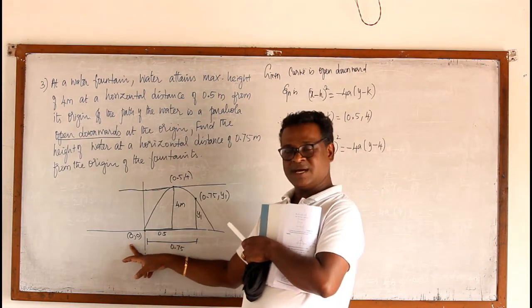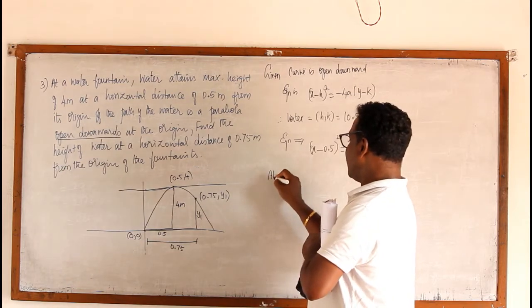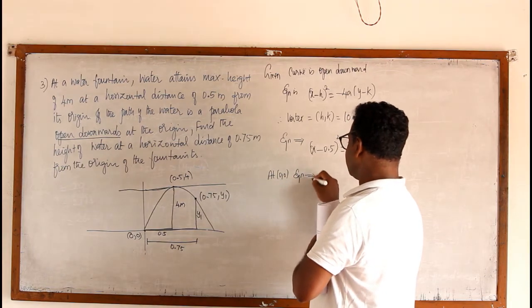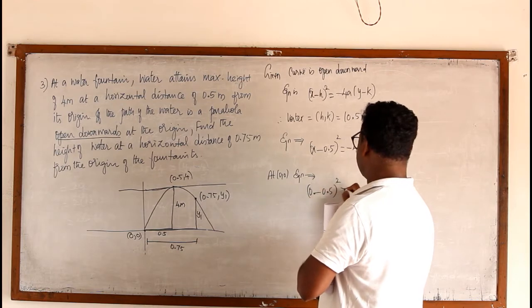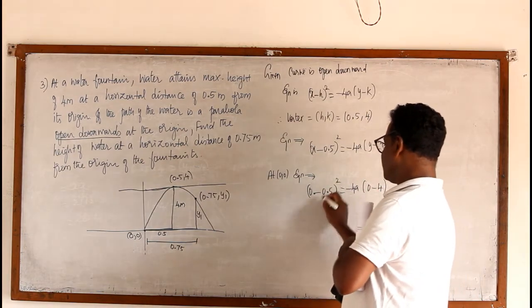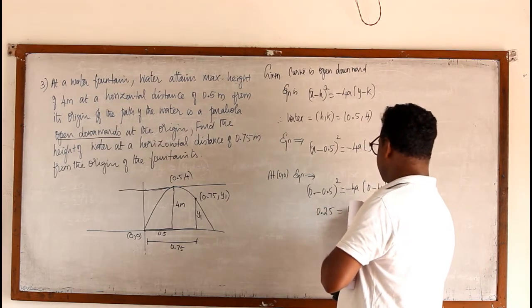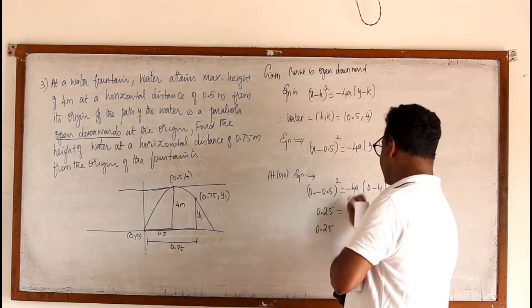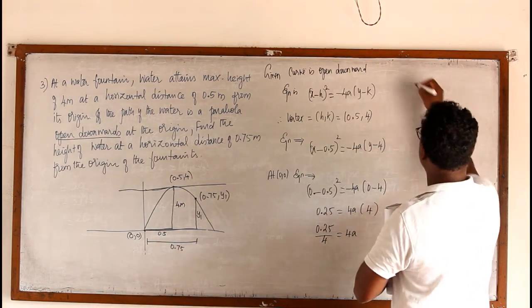It passes through the origin, because fountains start from the origin only. Therefore, at (0, 0), substitute x as 0 and y as 0: (0 minus 0.5) the whole square equal to minus 4a into (0 minus 4). It is 0.5 the whole square, which is 0.25, equal to 4a into 4. So 0.25 by 4 equals 4a. I am finding the value of 4a.